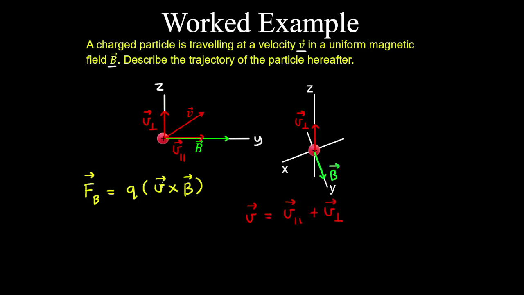So we can use the distributive law of the cross product to rewrite this as V parallel cross B plus V perpendicular cross B. And the cross product between parallel vectors is 0, and the magnetic field effectively acts to change the direction of the particle. So it doesn't contribute to the motion in the y direction.